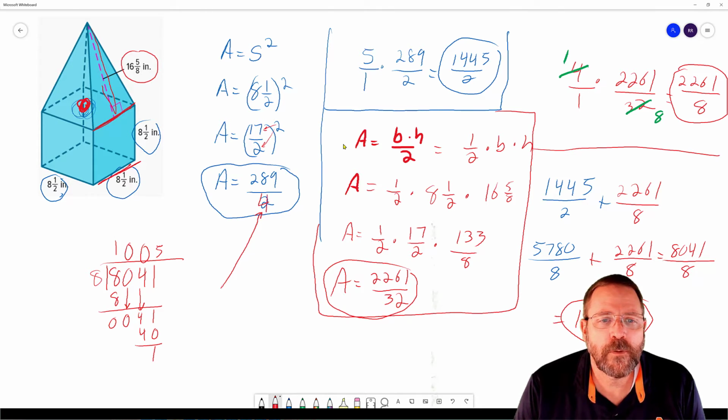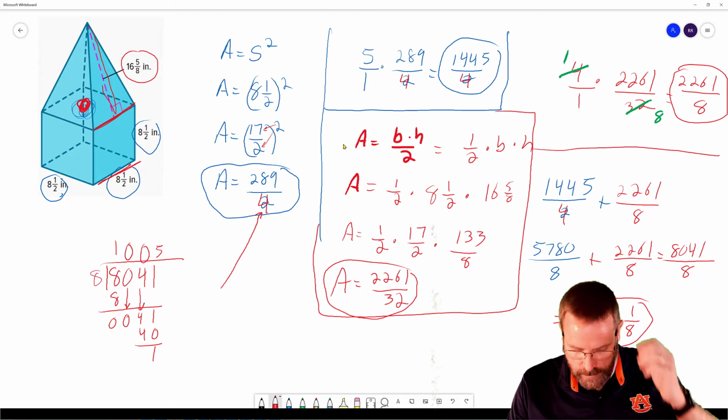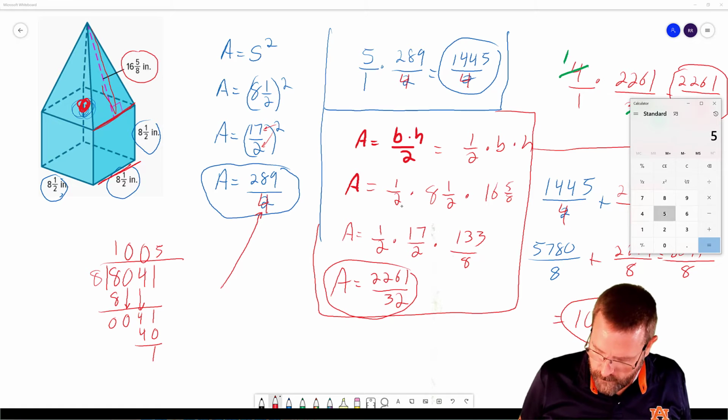That means this number should have been 4, which means that I should have had a 4 right here and a 4 right here as well. And if I did that, that's going to change everything. So now I would have had a 4 right here, and this value would have ended up being half of that. So let's take and just see if we can fix this.